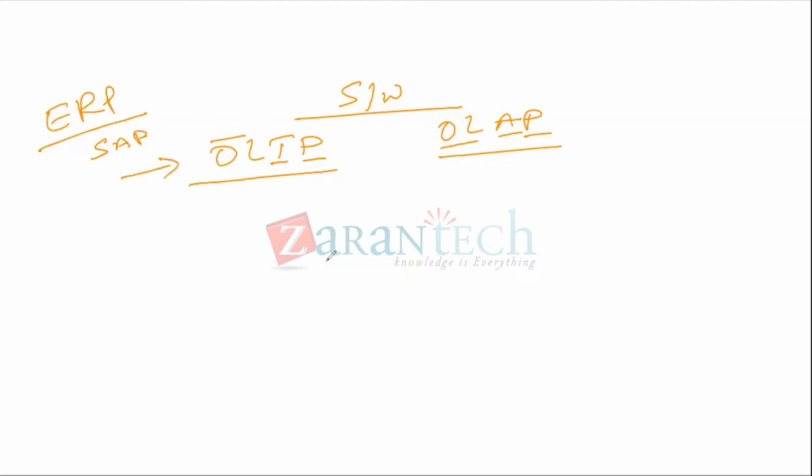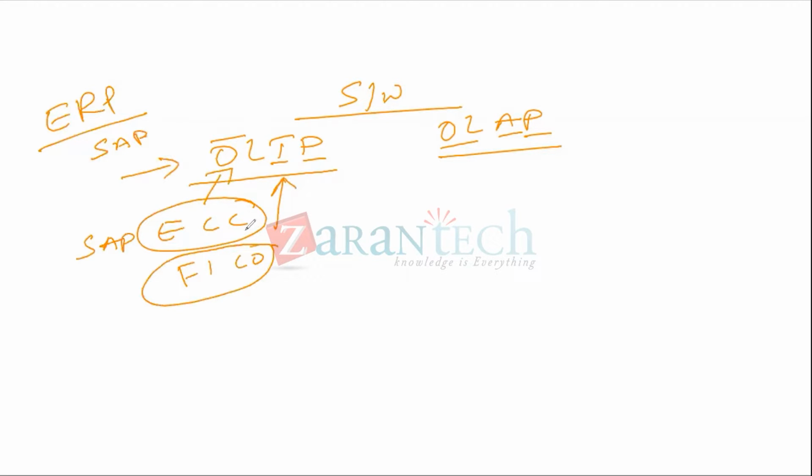Our product SAP ECC, or FICO, falls under the OLTP environment. FICO is a module, ECC is a product, and we refer to the product as OLTP. So ECC is OLTP, and what is OLAP?